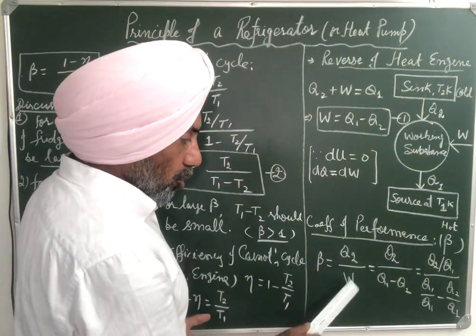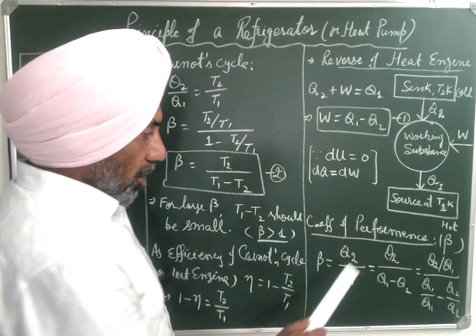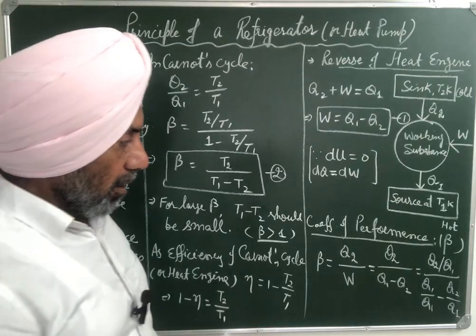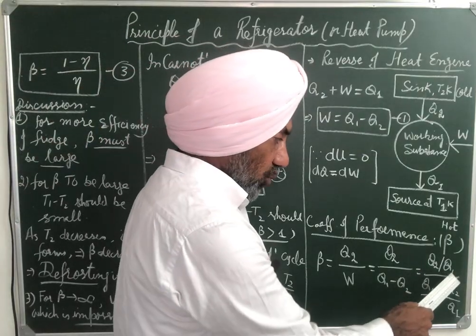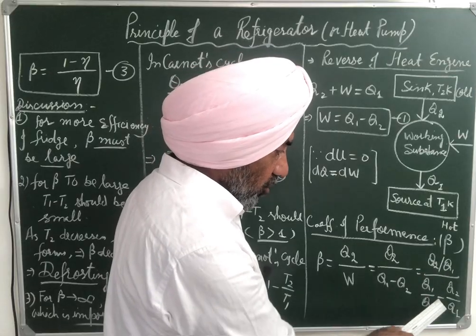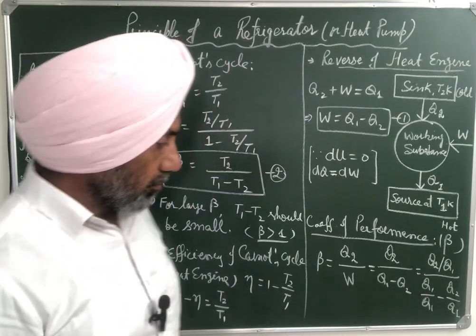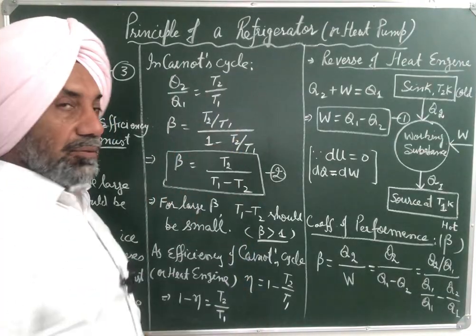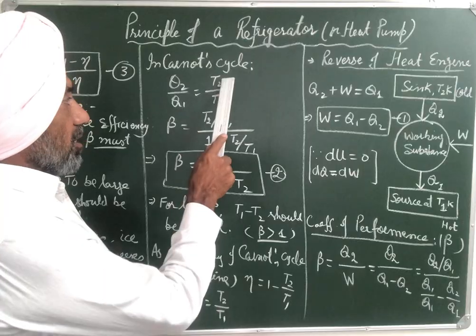So beta is equal to Q2 upon W, or Q2 upon Q1 minus Q2. Dividing numerator and denominator by Q1, we have Q2 upon Q1 over Q1 upon Q1 minus Q2 upon Q1. In the Carnot cycle, we have proved Q2 upon Q1 is equal to T2 upon T1.